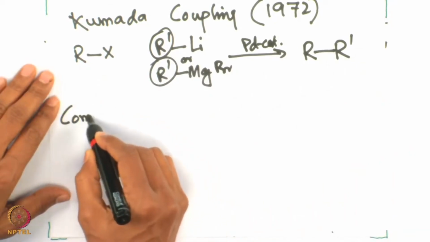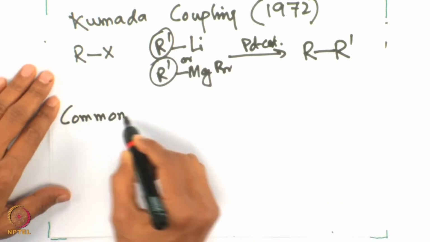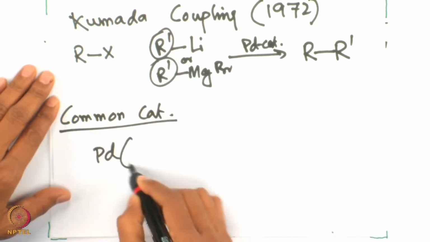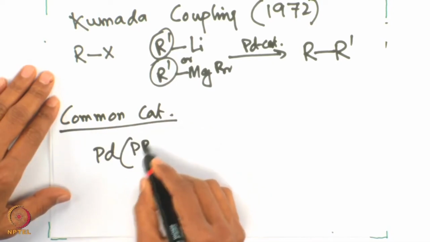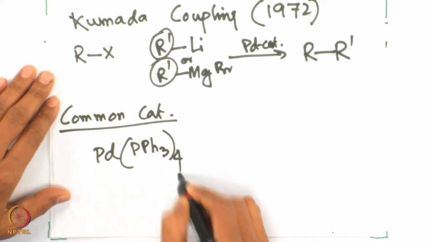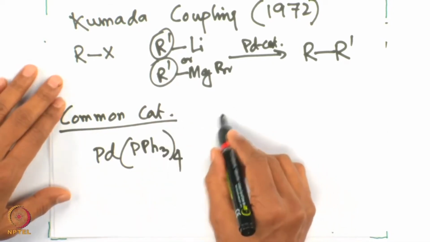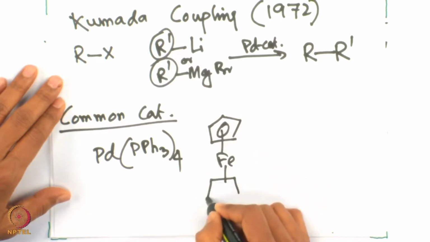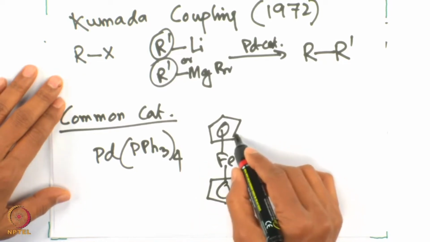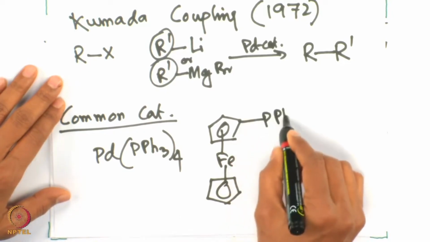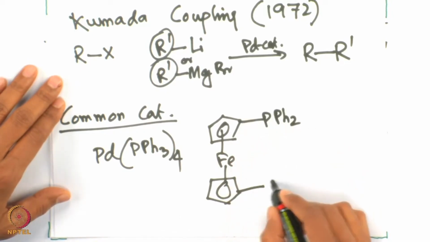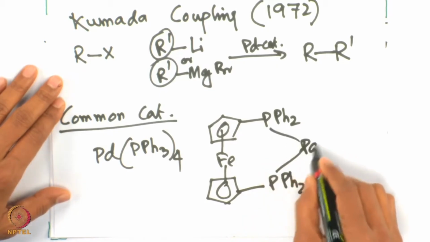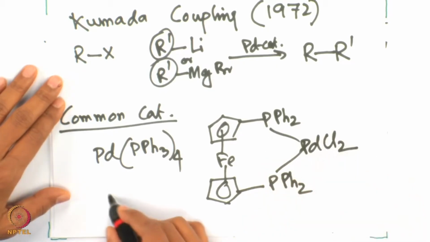The common catalyst that is used is usually known as palladium tetrakis, or palladium tetrakis triphenylphosphine, or we have DPPF as the ligand for palladium, where DPPF is a PPh2 reagent, with palladium chloride used for this purpose.